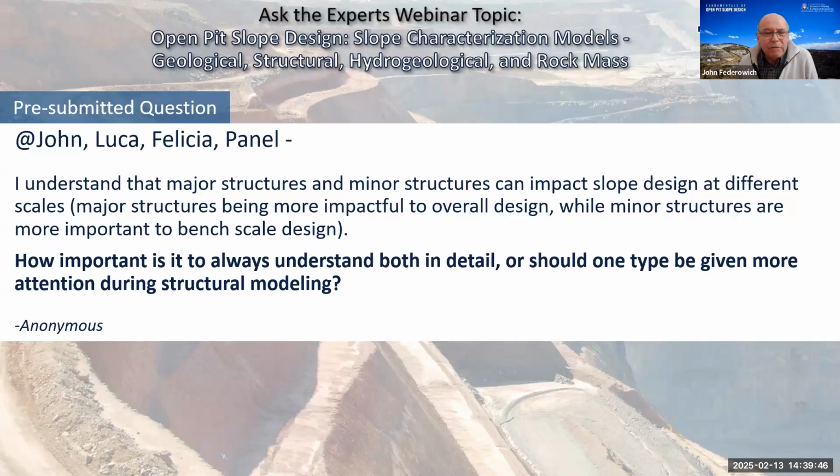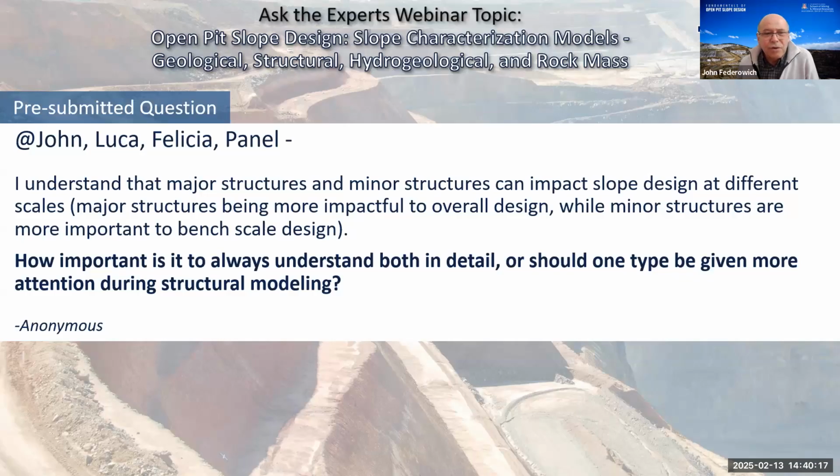One type given more attention than the other? I would say both are important. And in terms of the stability of the slope in its entirety, if there are major structures behind that slope, they're going to have an immediate impact, or they could.